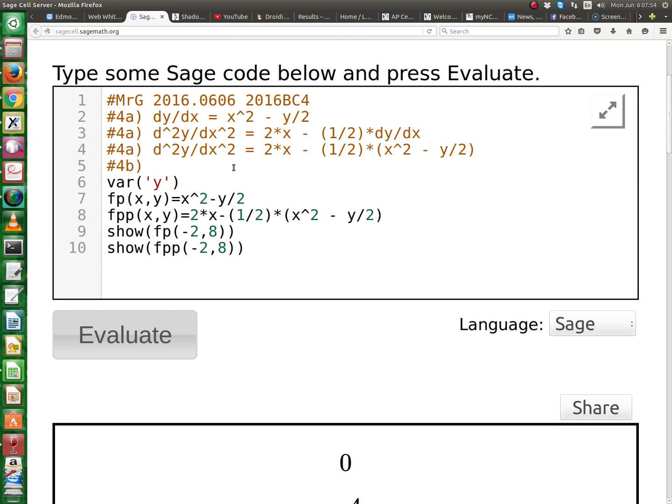F of negative 2 equals 8 is a relative max by the second derivative test. All you have to show was that f prime was 0 and f double prime was negative, and we did.